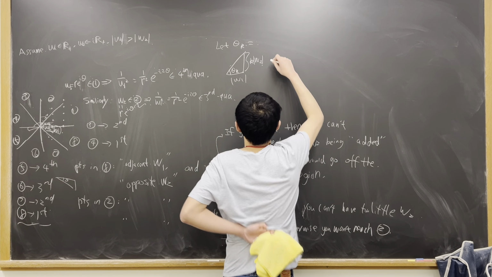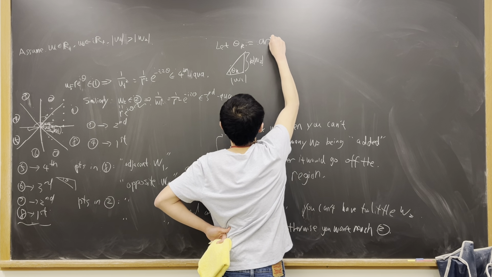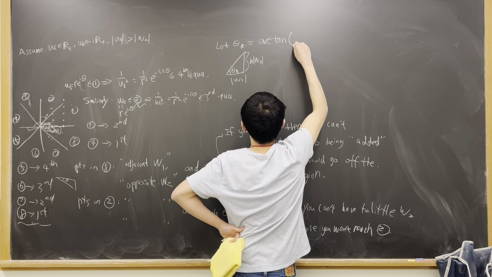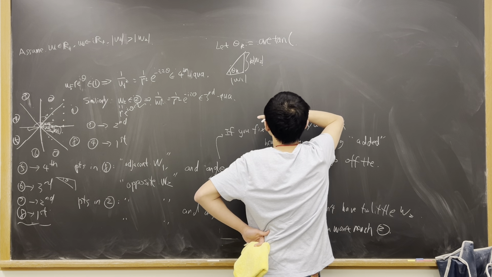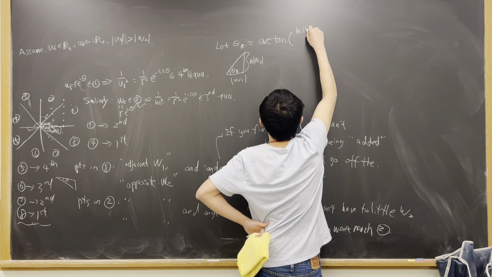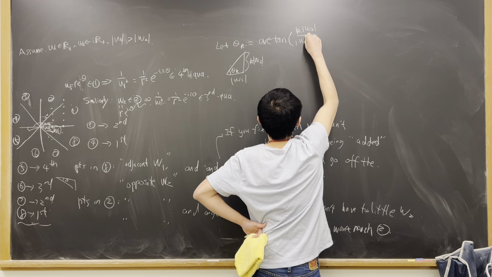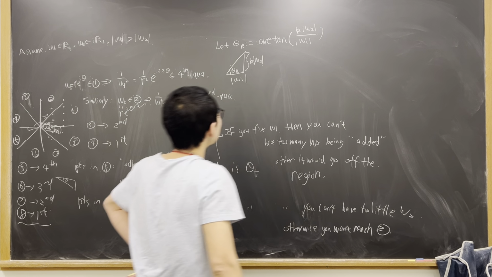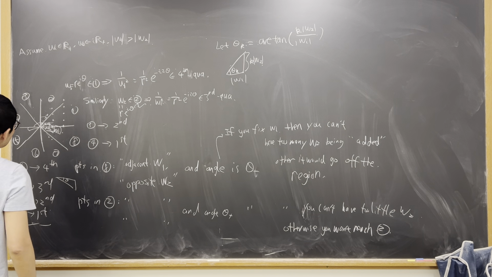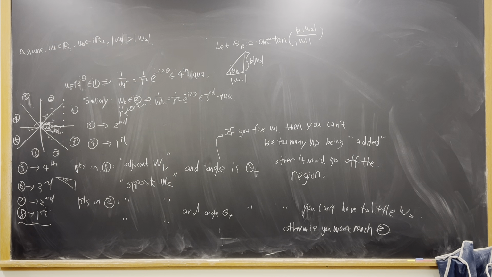Maybe it's the arctan of k modulus omega 2 over modulus omega 1. So if you double it, you are just multiplying this theta k.